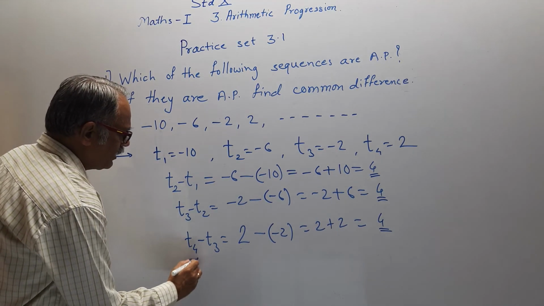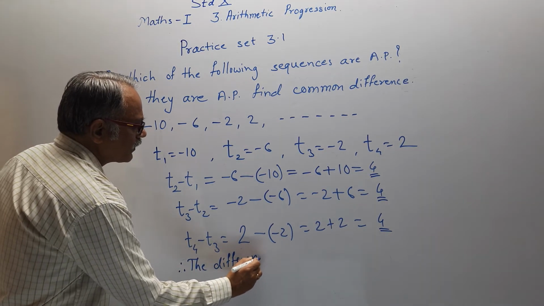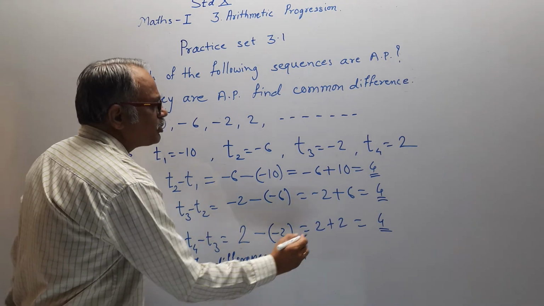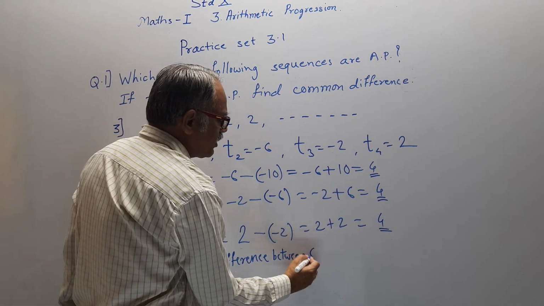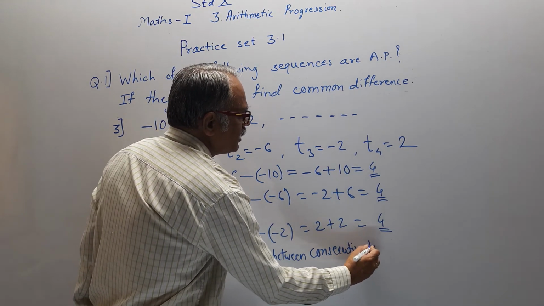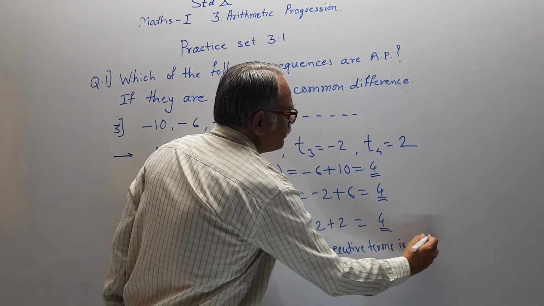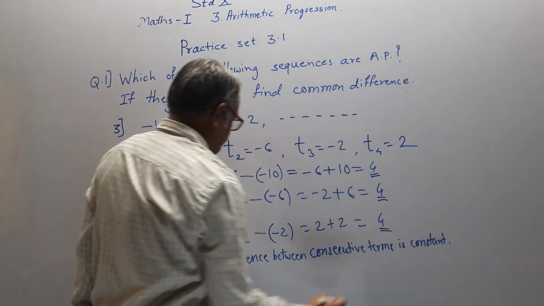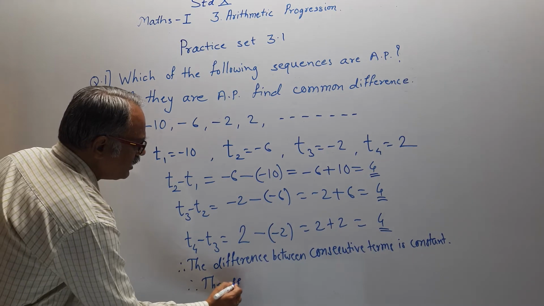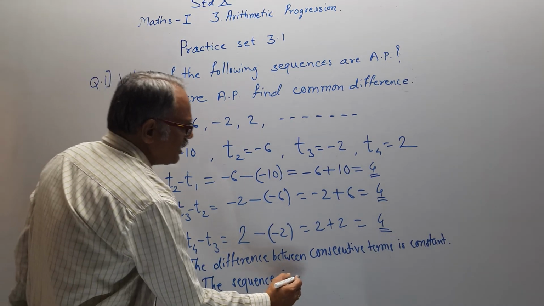Therefore, the difference between consecutive terms, which come one after another, is constant, is the same. Therefore, the sequence is AP, meaning arithmetic progression.